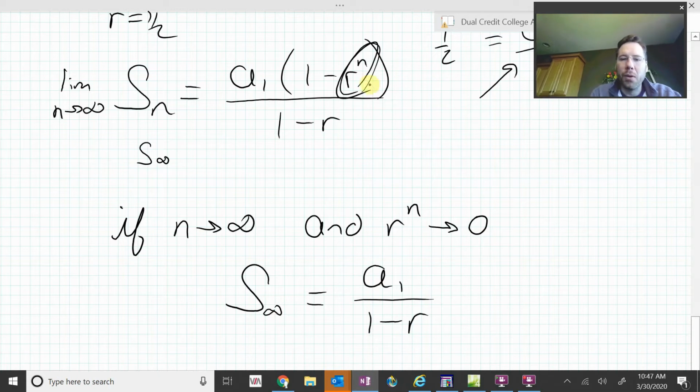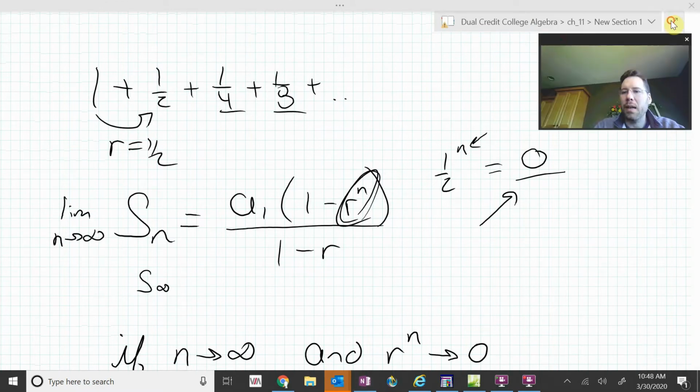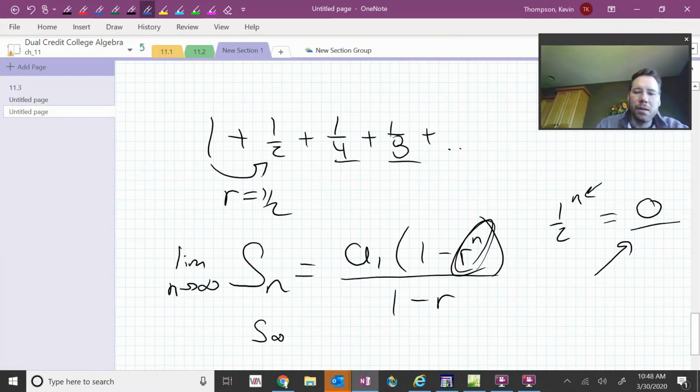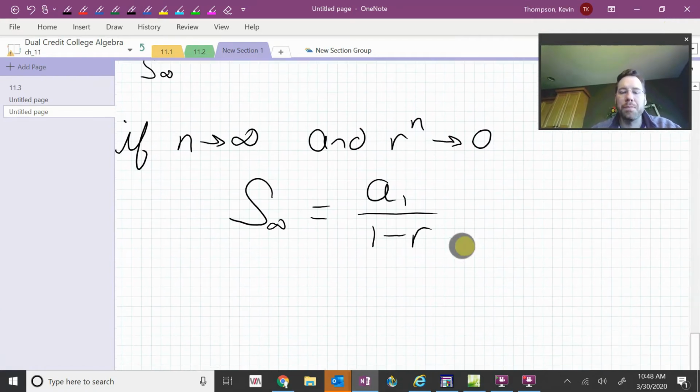Why is that? Because if r to the n gets closer to 0, then this whole piece is 0. So the r to the n is 0, so you get 1 minus 0, what's that? 1. What's 1 times a1? a1.